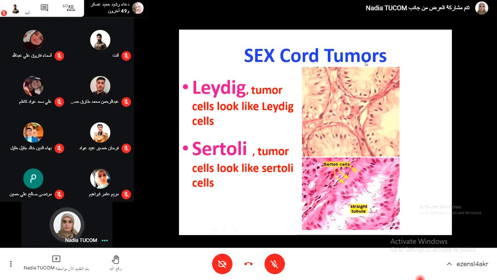Sex cord stromal tumors originate from the sex cord stroma, meaning Leydig cell tumor or Sertoli cell tumor, supportive cells, which are the origin of this sex cord tumor of the stroma, in between or intervening. Know the names at least: Leydig cell tumor and Sertoli cell tumors.